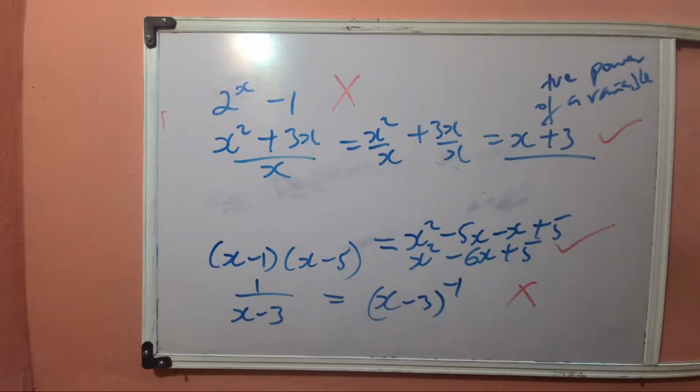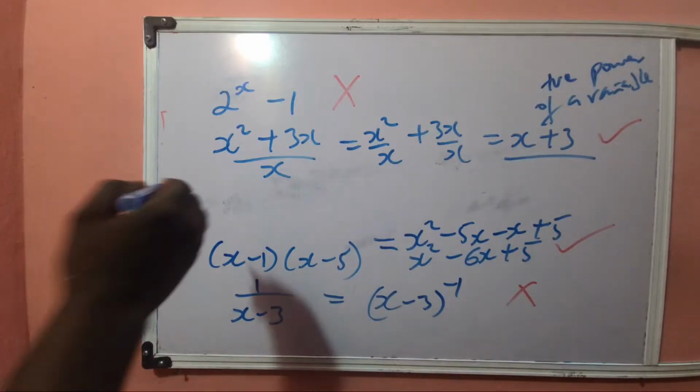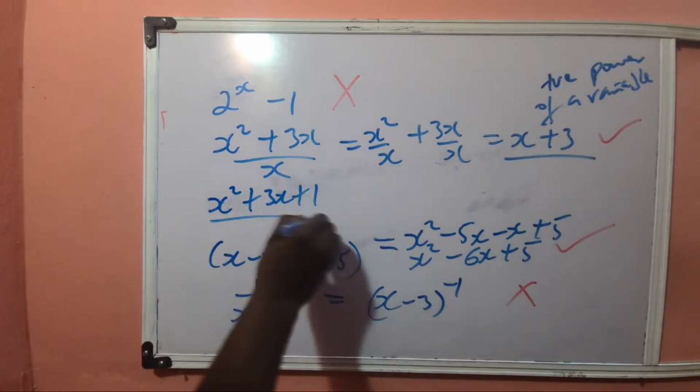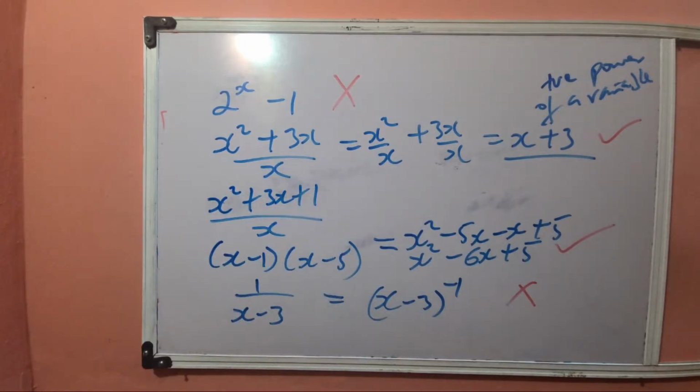All right, let's get another question quickly. Yeah, the last one on this particular aspect. We have x squared plus 3x plus 1 all over x. Is this a polynomial?